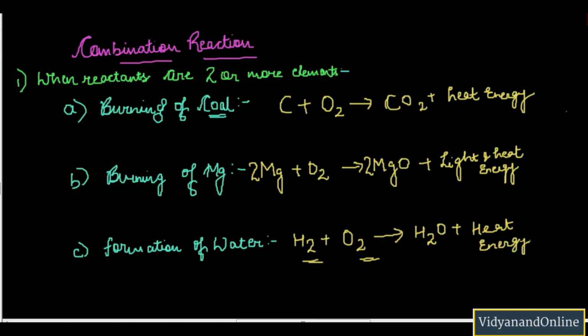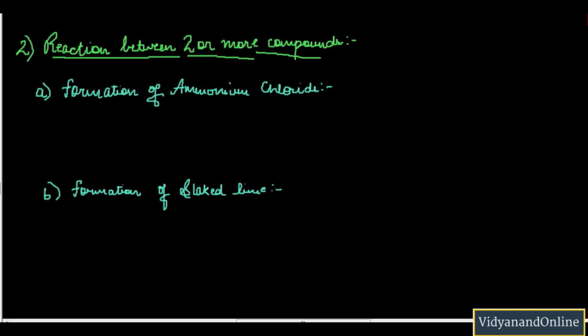Again we will see if it's balanced. It's not balanced, so we will put 2 here in order to balance oxygen. Now hydrogen is 4 atoms, so we will put 2 here in order to balance the equation. Can you see that every time you are getting only a single product along with the liberation of heat energy?